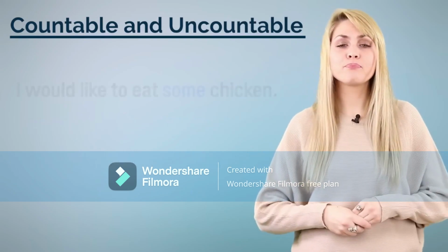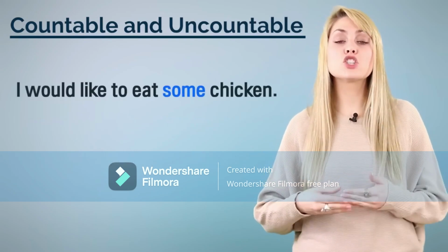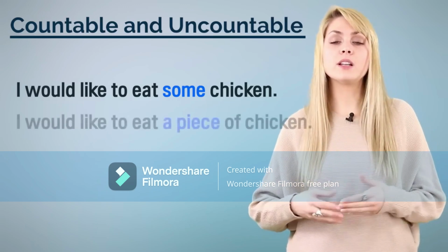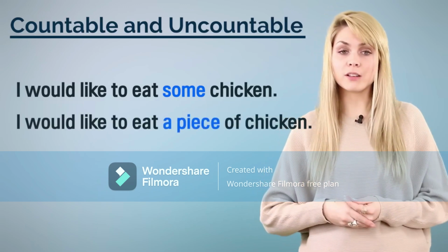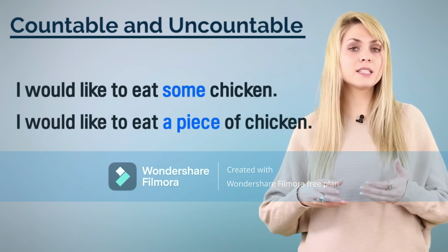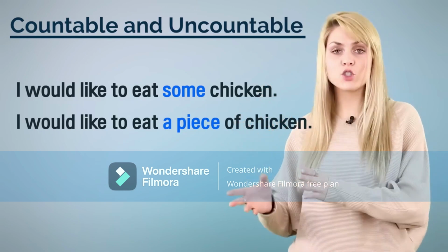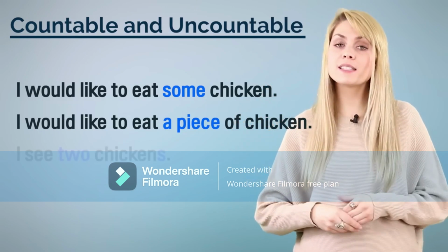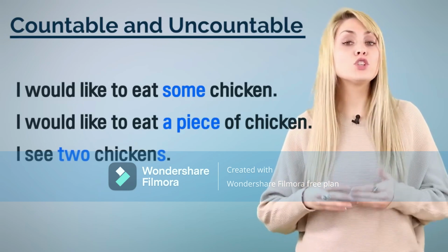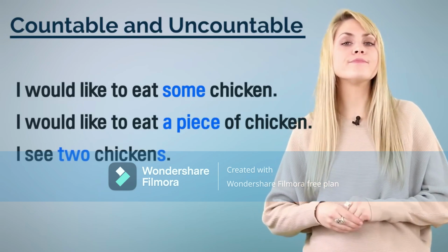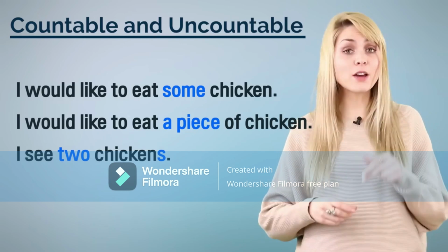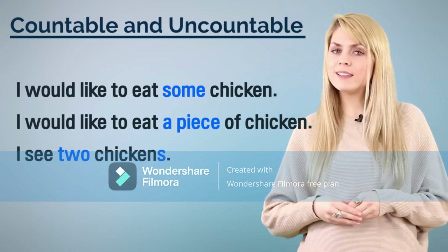Another example, I would like to eat some chicken. I would like to eat a piece of chicken. Both sentences, uncountable noun, chicken. But the last sentence, I see 2 chickens. Chicken in this case is a countable noun. Why?